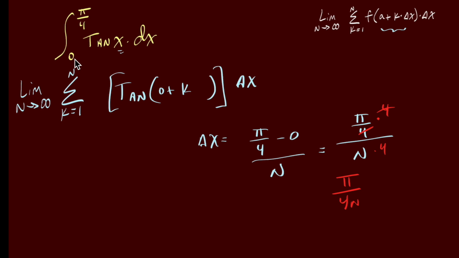We're going to come along here and take away this delta x and replace it with pi over 4n. And we're going to add pi over 4n here. And if we want, we can go ahead and eliminate that 0. And folks, this is our final Riemann sum as shown.